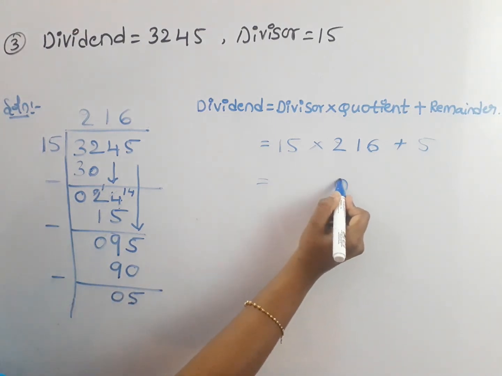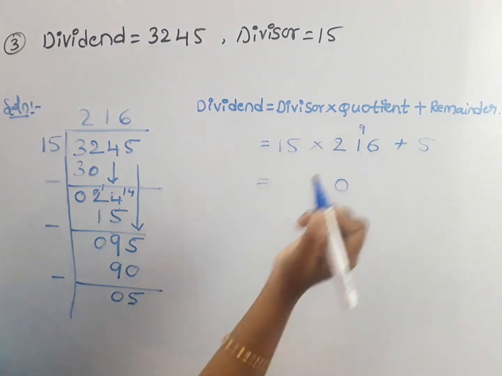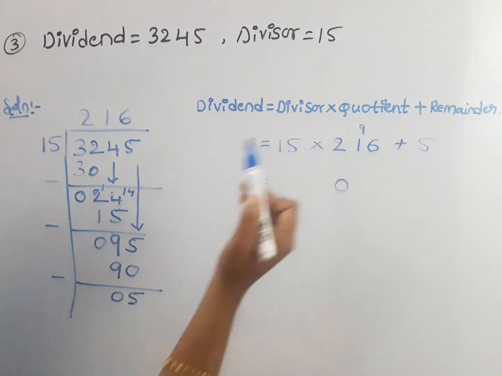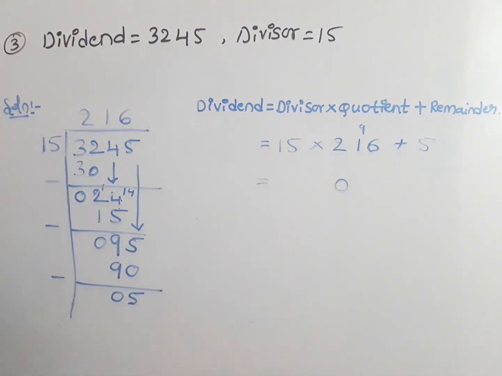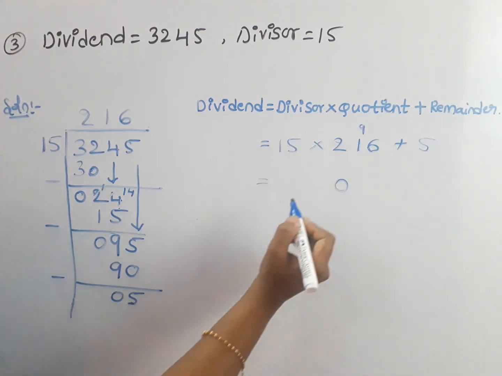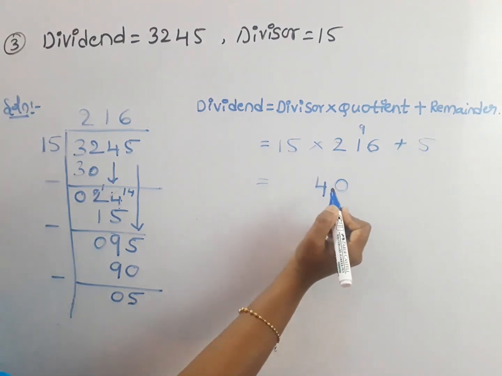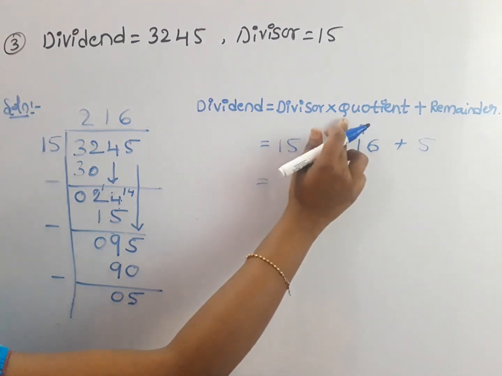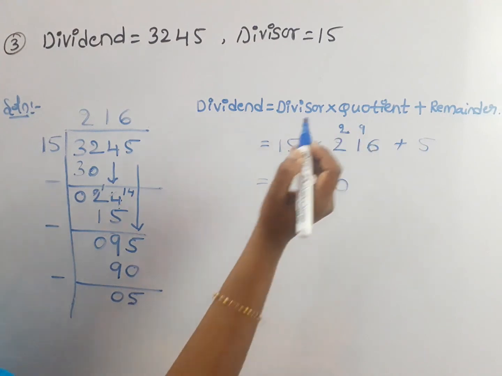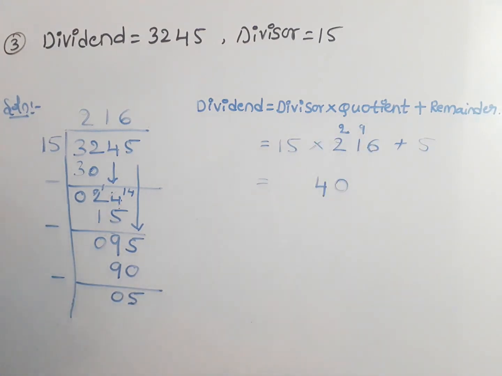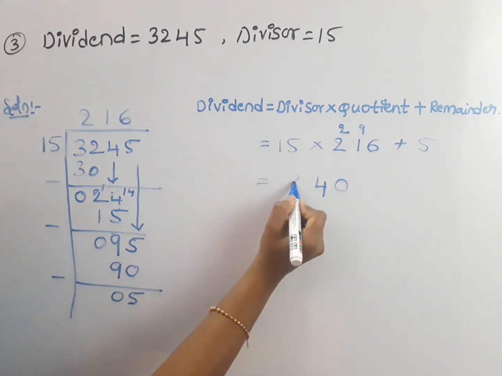So write 0 here and then 9 is the carryover. 15 into 1. 15 ones are 15. 15 plus 9 is equal to 24. Write 4 here and then 2 is the carryover. Then 15 twos are 30. 30 plus 2 is 32.